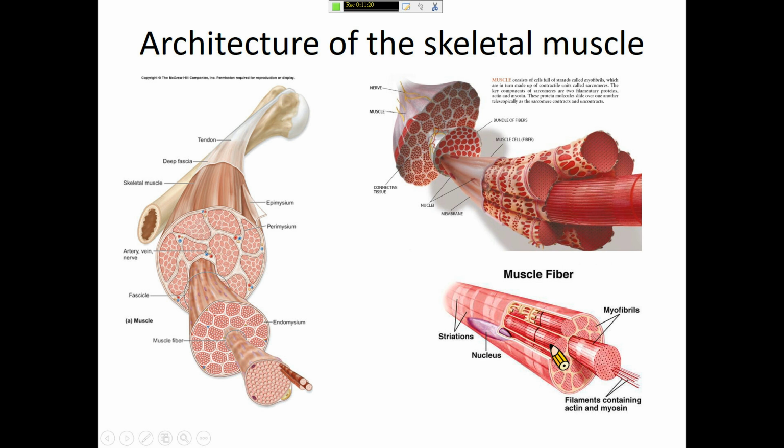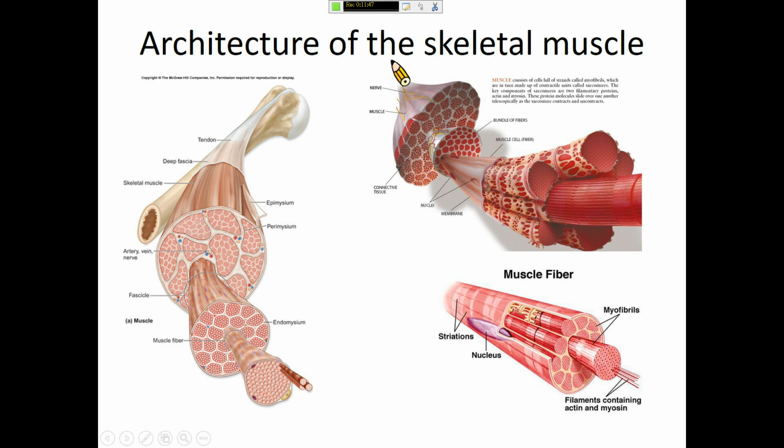Contraction. And if one muscle fiber contracts, of course, the other muscle fiber can also contract. And perhaps they contract simultaneously. Why? Perhaps they are controlled by one nerve.